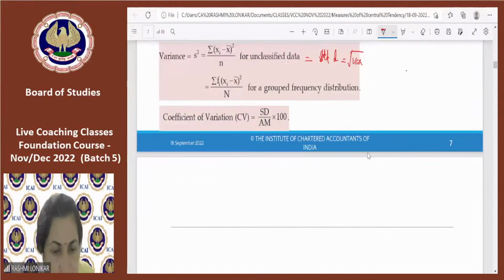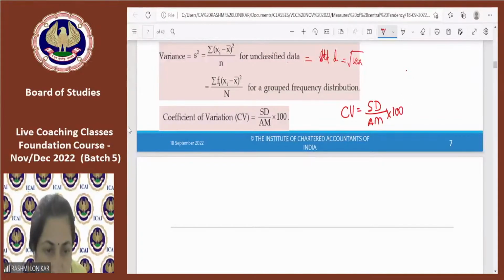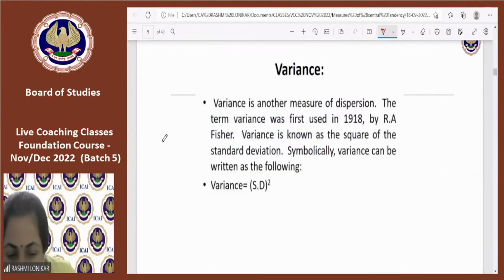Coefficient of variation: CV is equal to standard deviation upon arithmetic mean into 100. Okay. So these are the formulas that we'll be using.